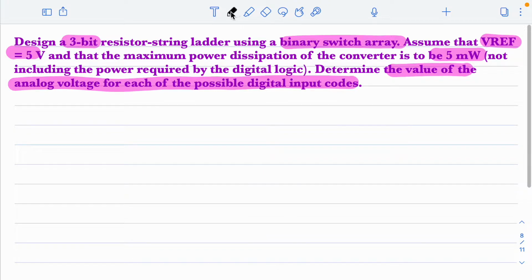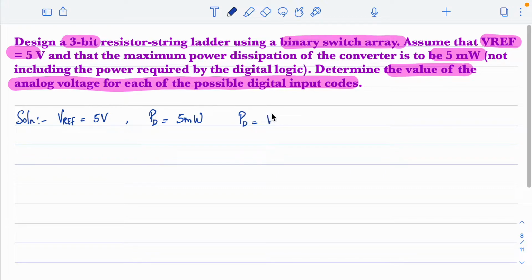So the constraint given here is the power constraint. We have a reference voltage equal to 5, and the maximum power dissipation is given as 5 milliwatt. Now we know that this power dissipation is equal to the total power, which is the supply voltage times the current.